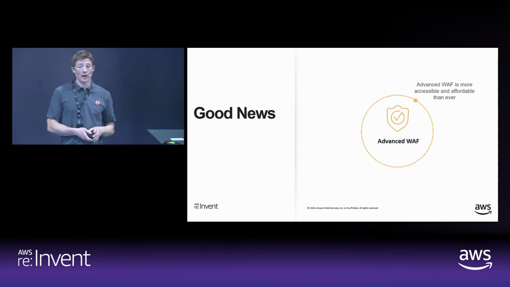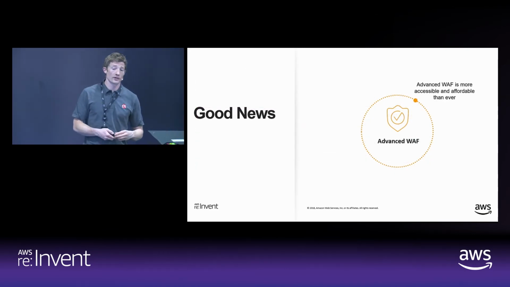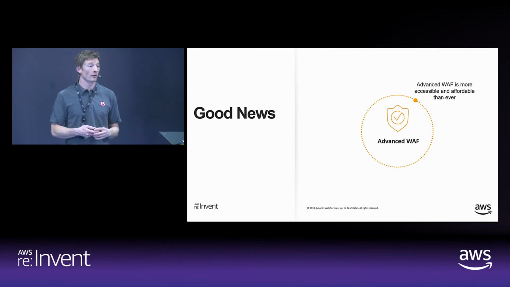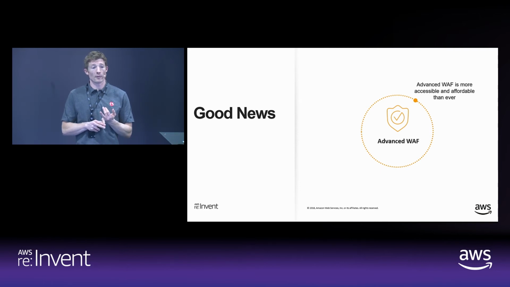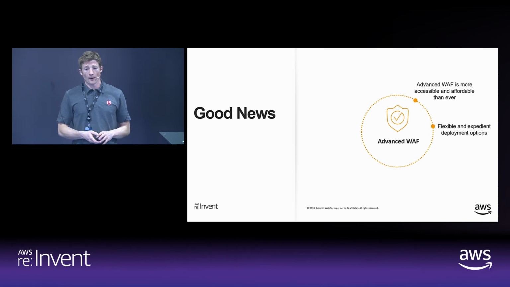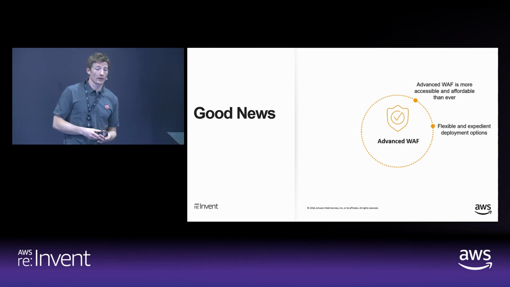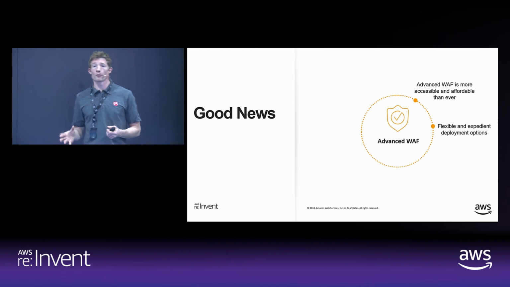So good news, advanced WAF technology is more accessible and affordable than ever before. It should be in the realm of really anybody who has a public-facing website. This should just be part of your toolkit, the things you procure to build applications with, so that your developers don't have to do it. We've got plenty of flexible and expedient deployment options, everything from on-prem to the cloud, per application instance.